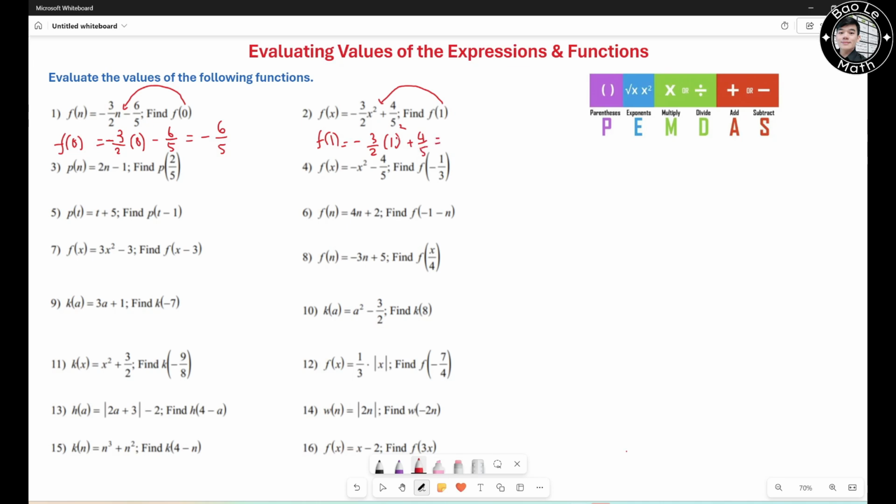Now simplify: 1 squared is going to be 1. 1 times negative 3 half is going to be negative 3 half plus 4 over 5. Right? Now in order to calculate this one, you need to use LCM. Right? So LCM, which means least common multiple of 2 and 5, which means 10.